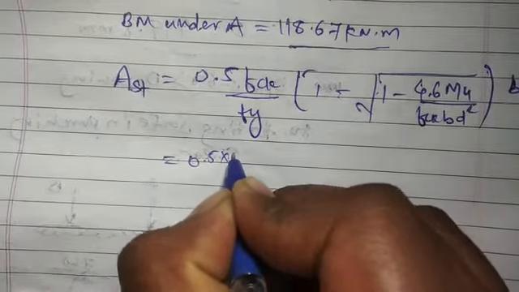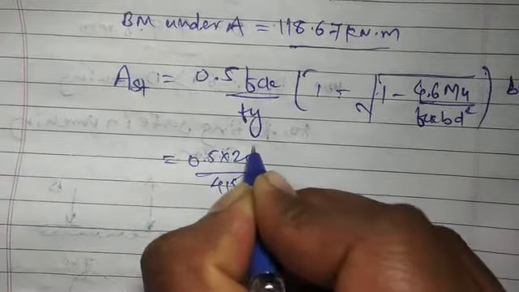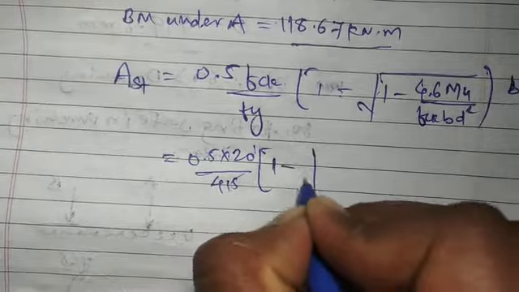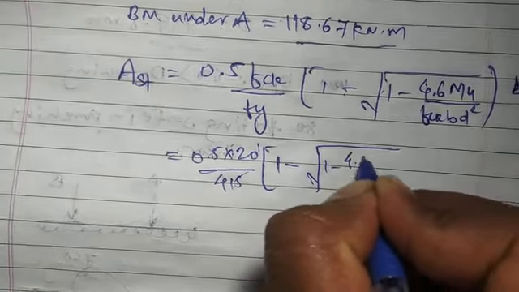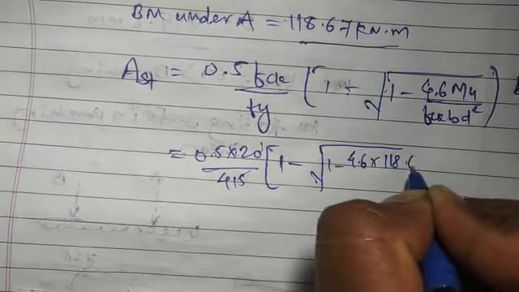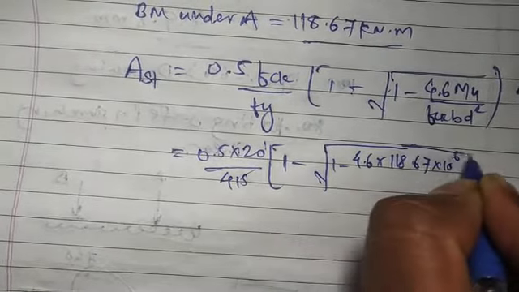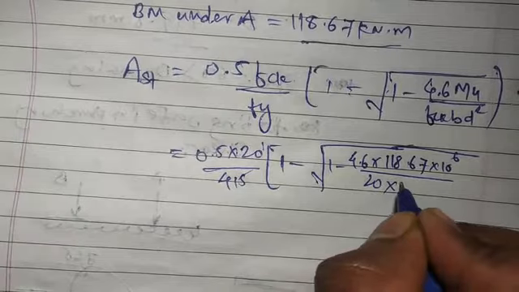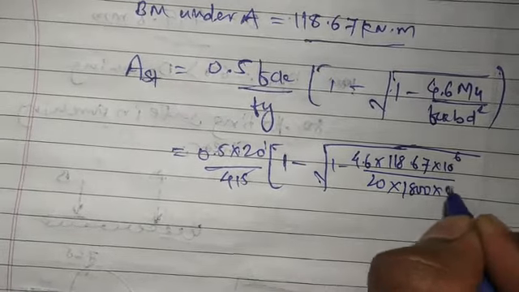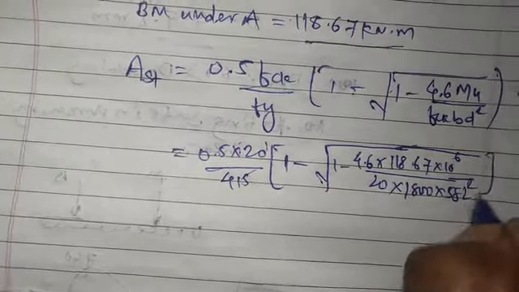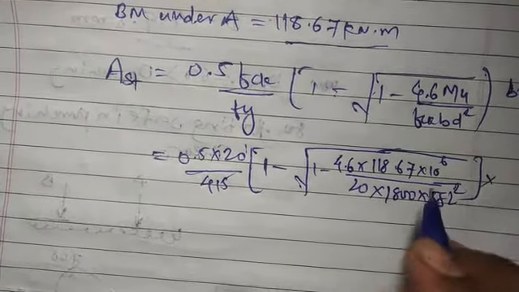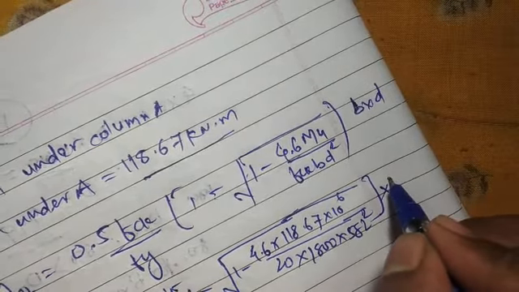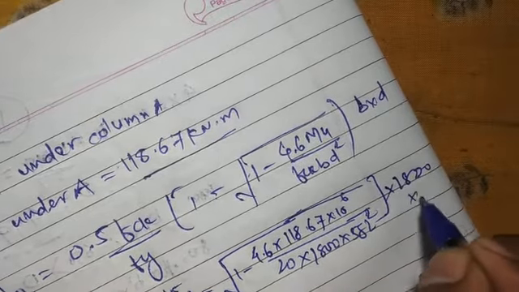It will be 0.5 into 20 divided by 415, the value of steel, into 1 minus square root of 1 minus 4.6 into 118.67 into 10 raised to 6, divided by 20 again, B is 1800 and D is 582 square. Again bracket close, into 1800 into 582.